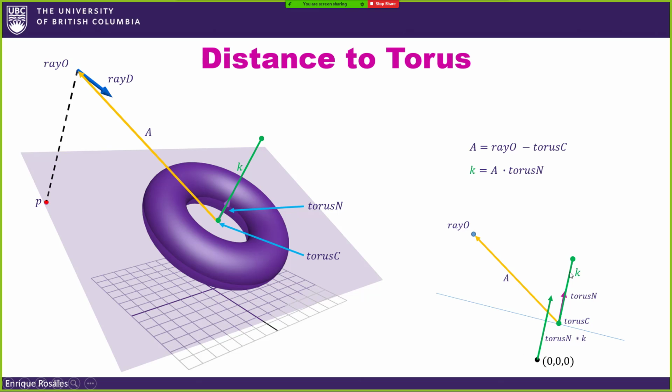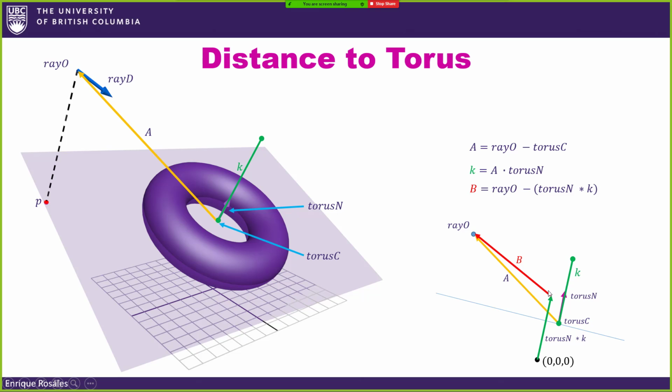So I will move this green one to the center, because this one is actually starting from the center. Then the next step is to subtract from the ray origin, the position, this vector right here. Let's call this one B. But again, this vector is actually starting at the 0, 0, 0 of the universe, because vectors always start from 0.